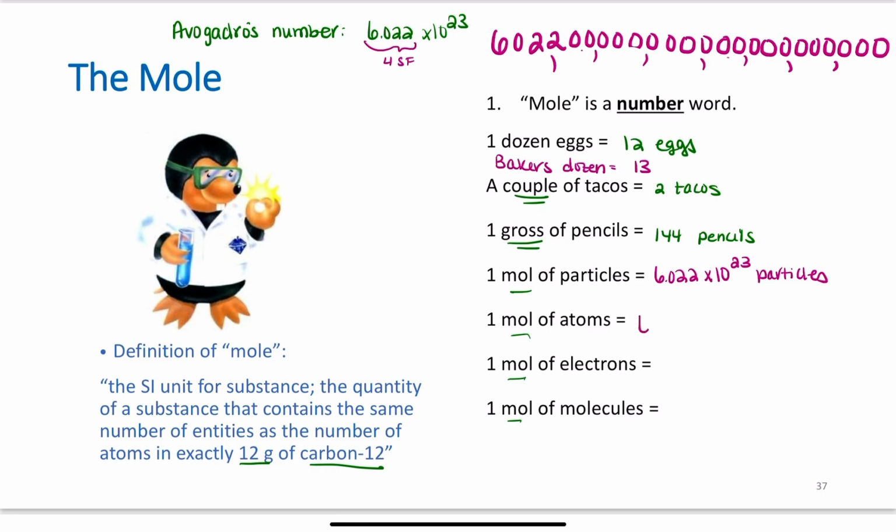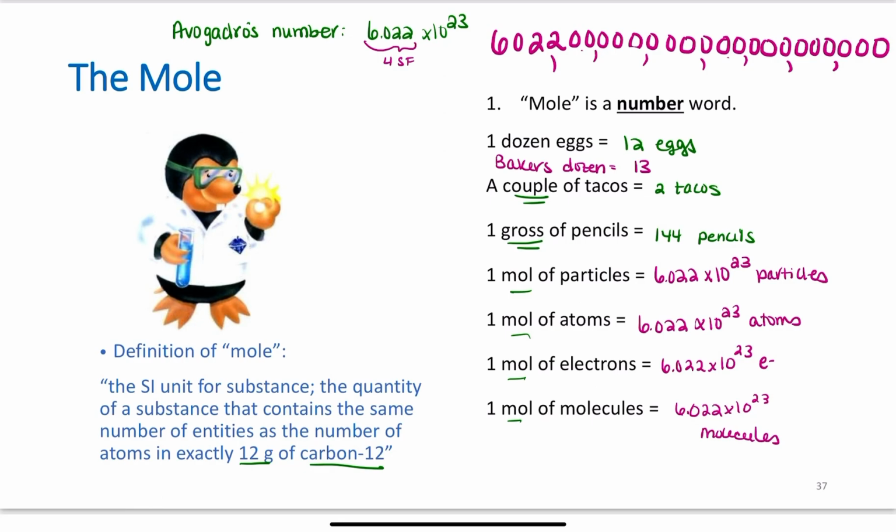If I want 1 mole of atoms, I have 6.022 times 10 to the 23rd atoms. If I have 1 mole of electrons, I have 6.022 times 10 to the 23rd electrons. And if I have 1 mole of molecules, I have 6.022 times 10 to the 23rd molecules.